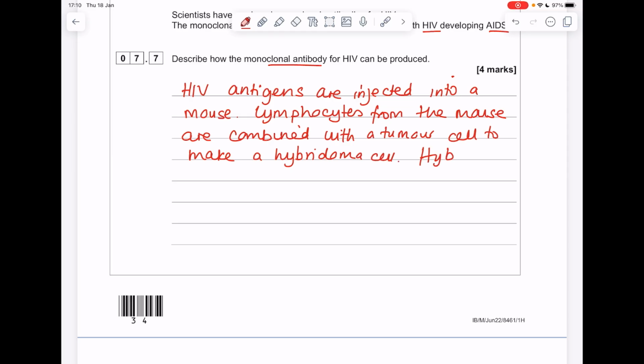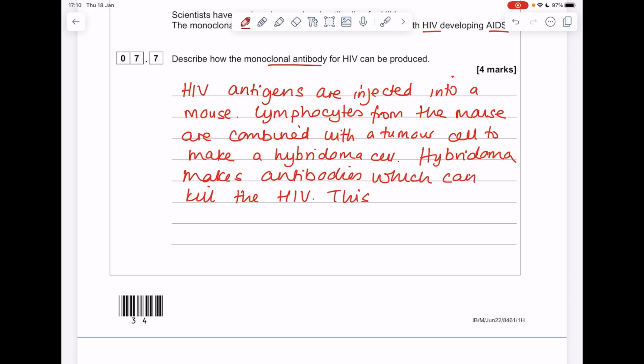The hybridoma makes antibodies which can kill the HIV.